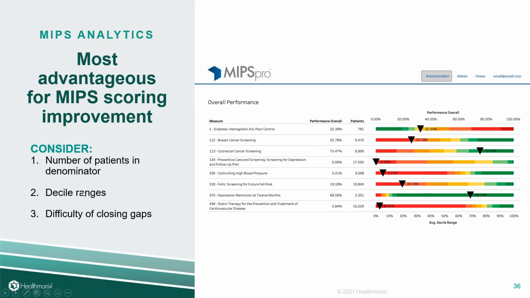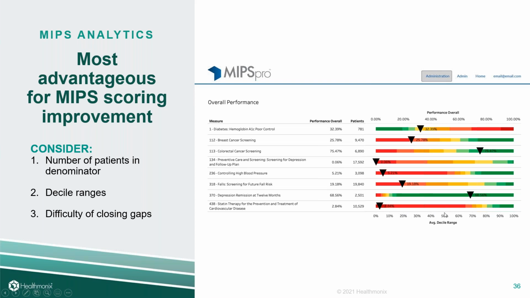Then you want to actually take a look at the decile ranges. As you can see here, a measure like 438, the statin therapy, it's going to take a whole lot of effort and a whole lot of work for you to get up into these other deciles to gain more points. So if this is halfway through the year, you're probably going to say, yeah, this is the best I can do with this measure, and not move forward.